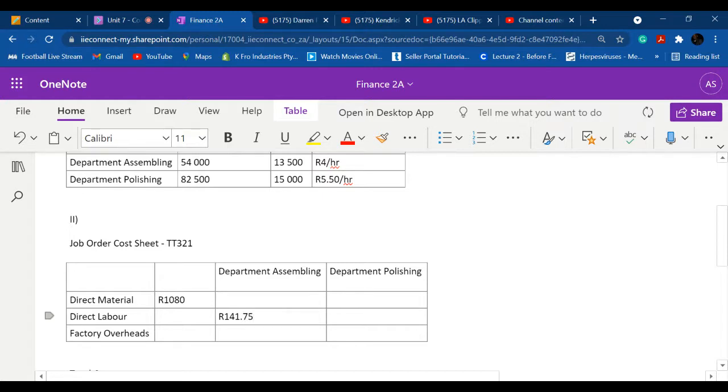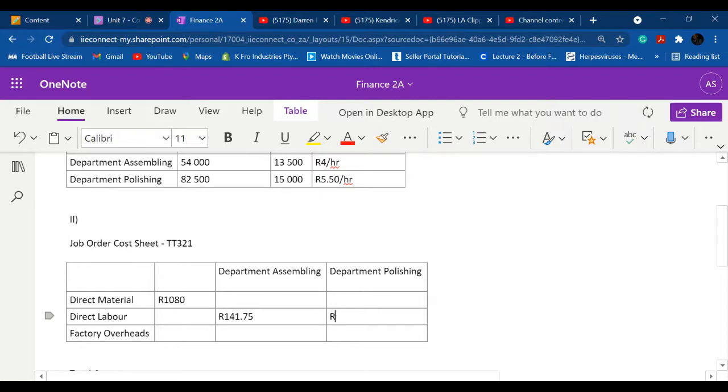That's for assembling. But we also know that there was some direct labor for the polishing, and that was 48 hours times 6.90. So here, how much did we spend?